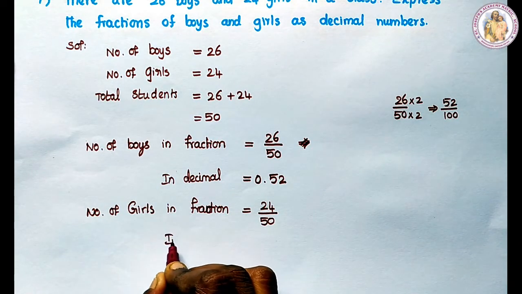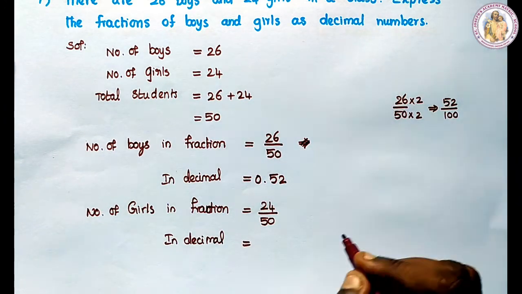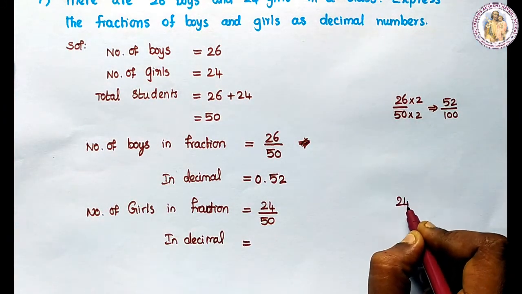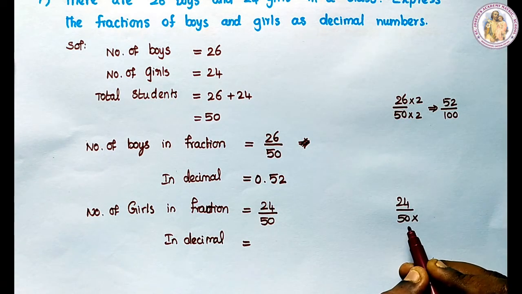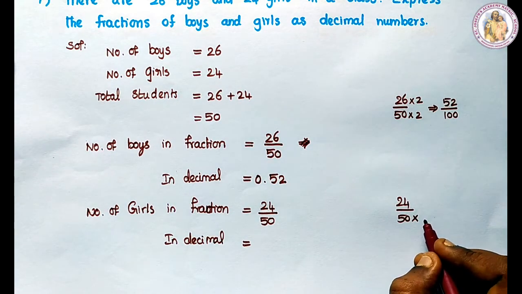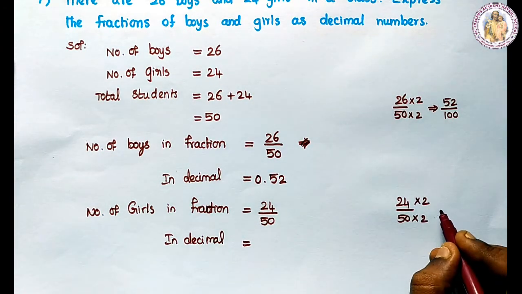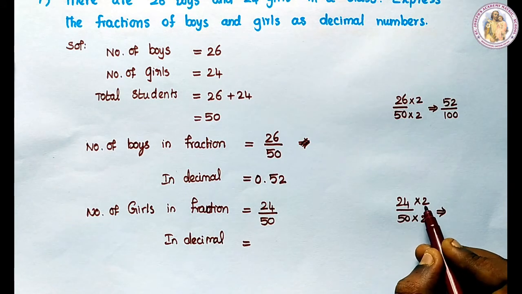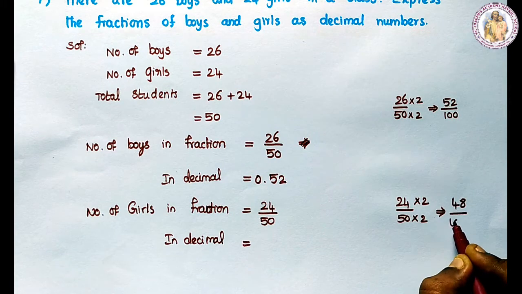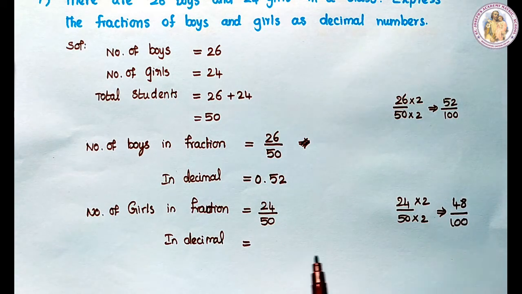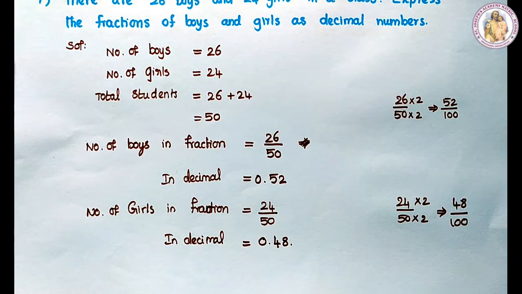So in decimal, 24 divided by 50. What we have to multiply with 50? We get 100 means 2. Same number we have to multiply with numerator also. Now 24 into 2, 48 divided by 100. So 48 divided by 100 means 0.48. That is the answer.